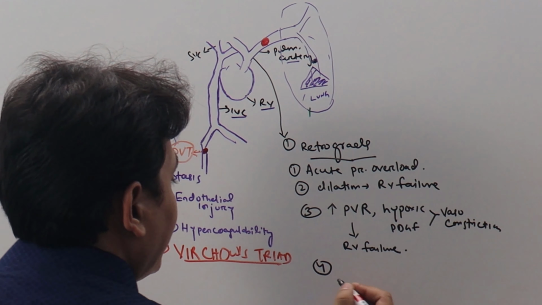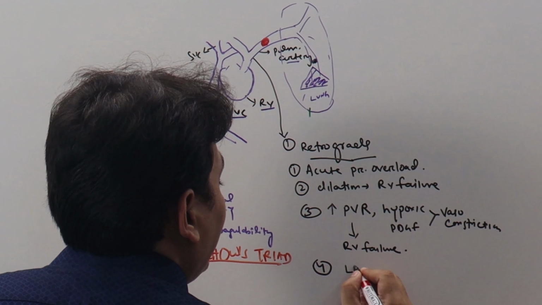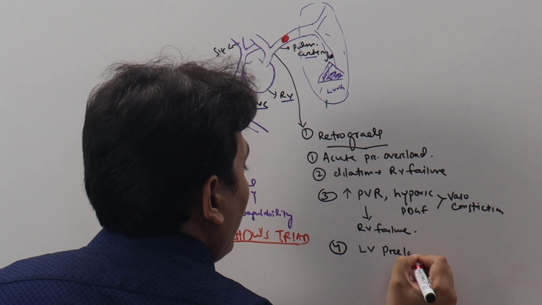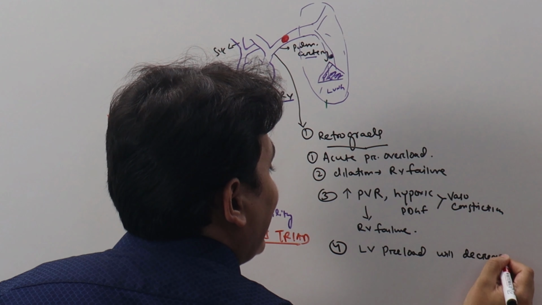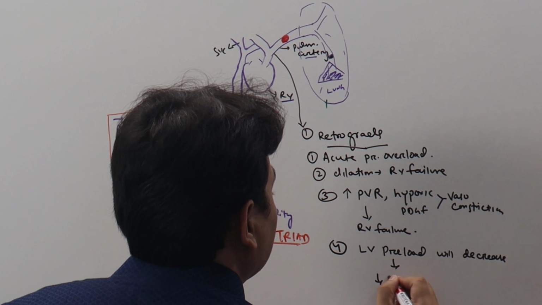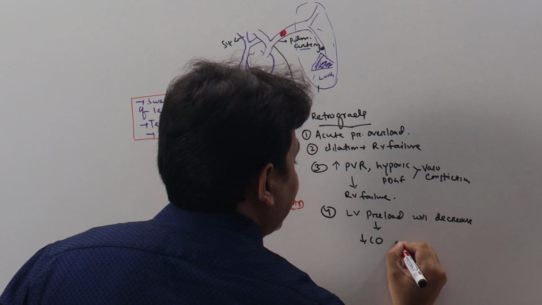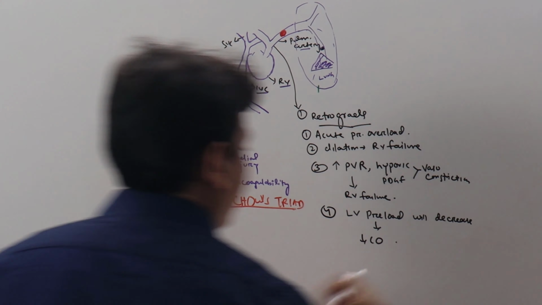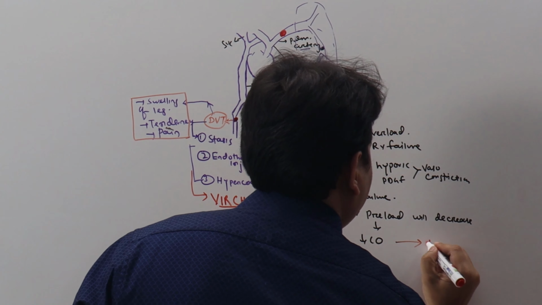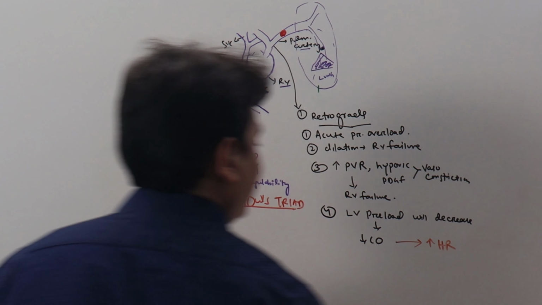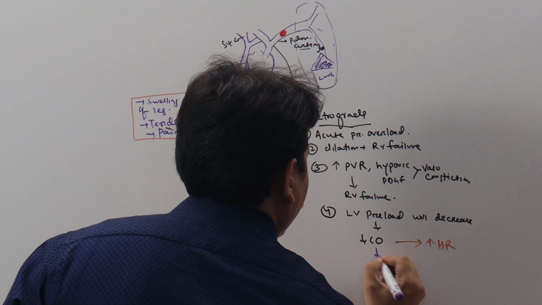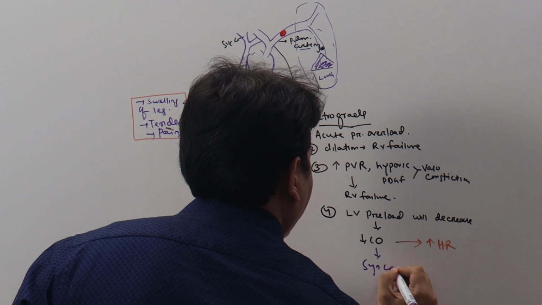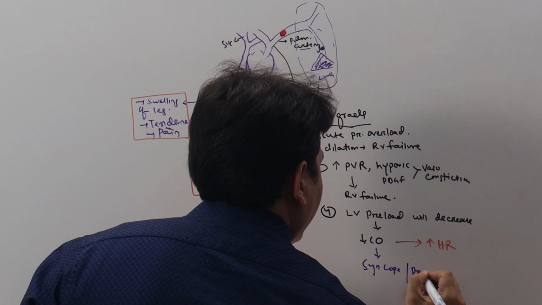Because of RV failure, what will happen? The LV preload will decrease, right? And that will lead to a decrease in cardiac output, which can be compensated by increased heart rate, right? Plus there will be syncope or pre-syncope.